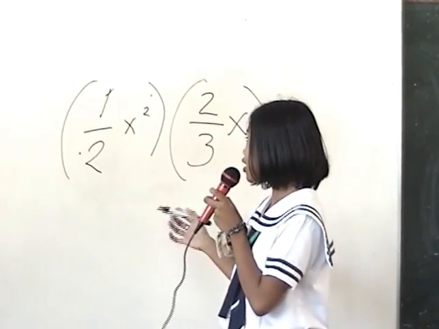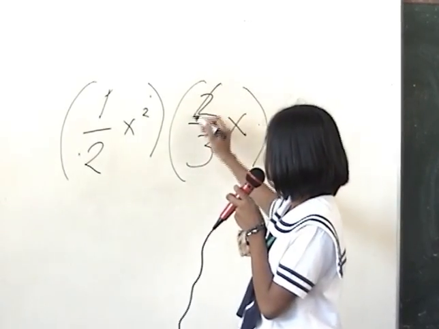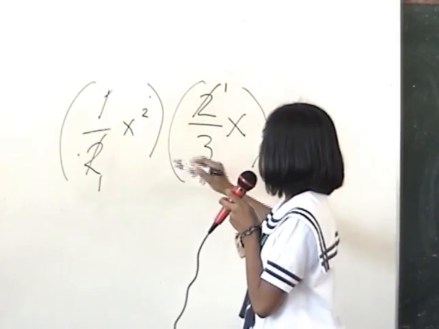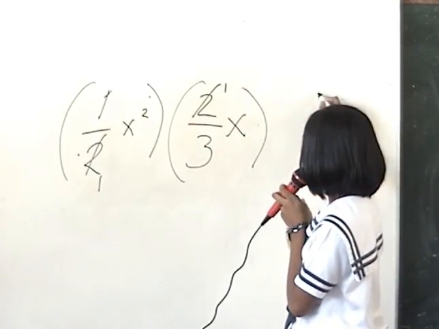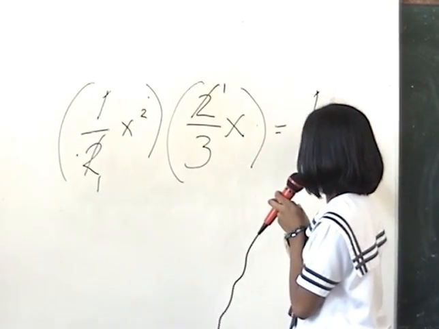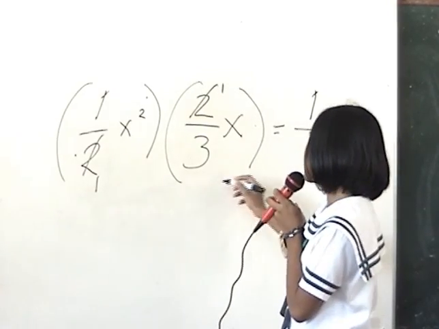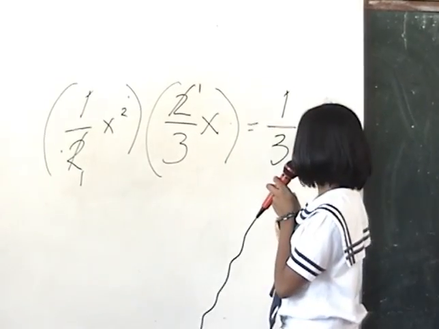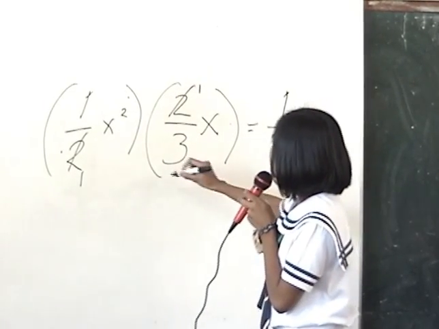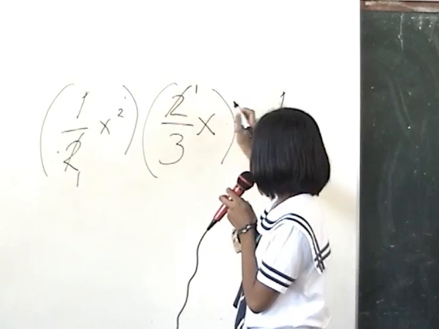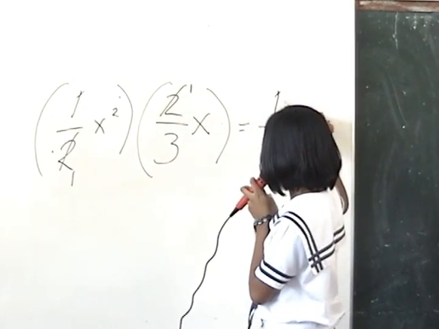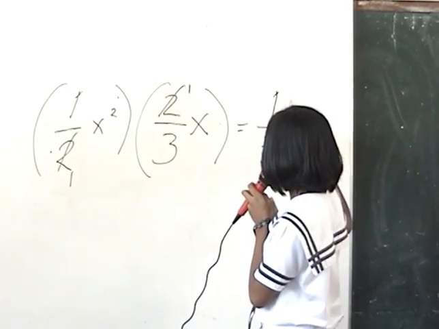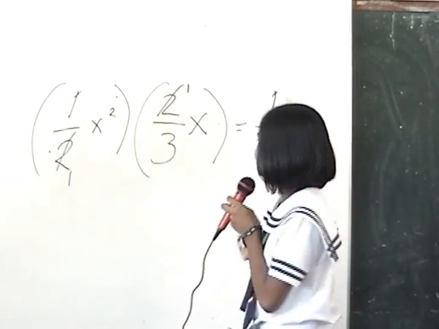And the common factor is 2. This will become 1. 1 times 1 equals 1. And 1 times 3 equals 3. And in the variable, we add 2 plus 1. This becomes 3. So the answer is 1/3 x cubed.